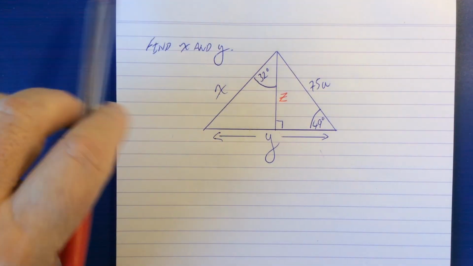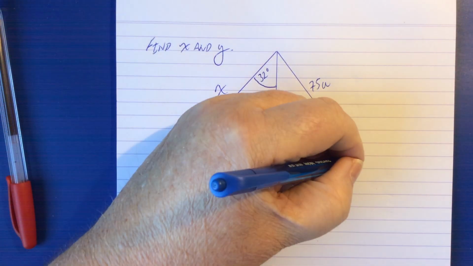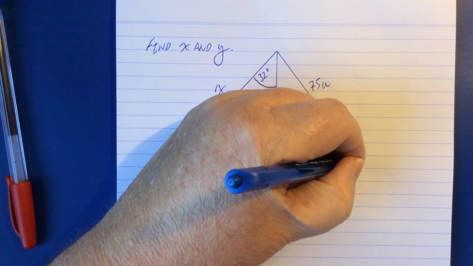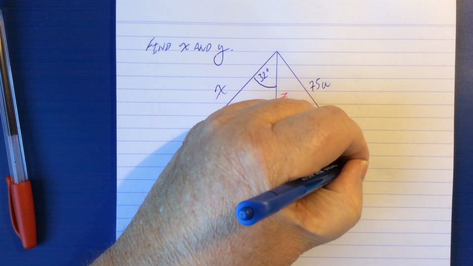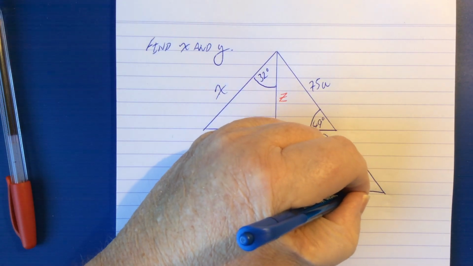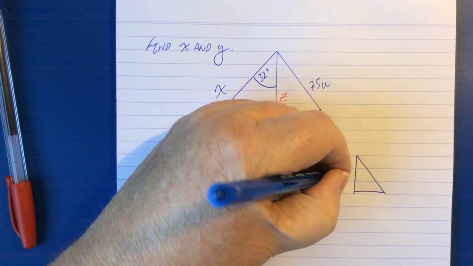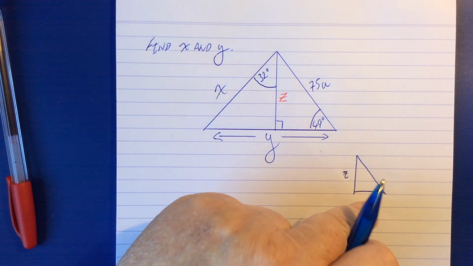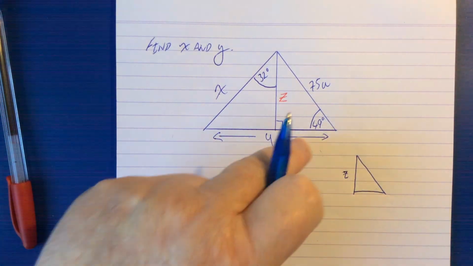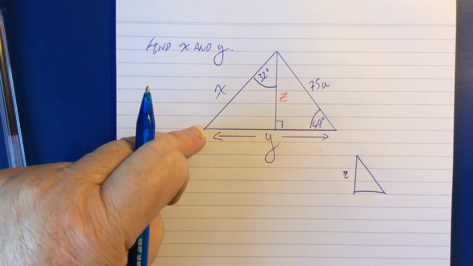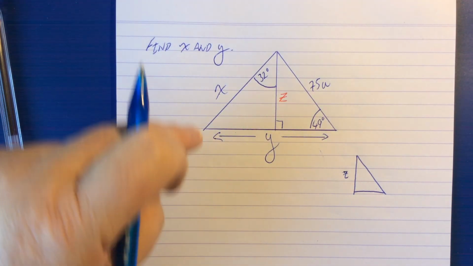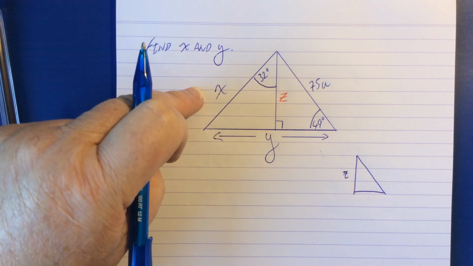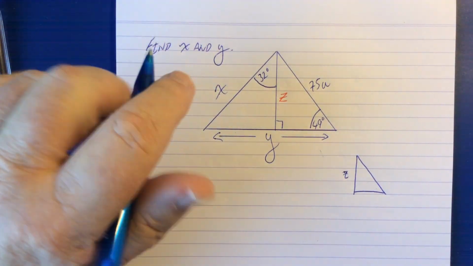Okay, so let's take the right-hand side of the triangle and redraw it here. So that's our Z. We'll not worry about this just for the moment. We'll deal with Y in a little bit, and we can also deal with X separately. That's not a major problem.